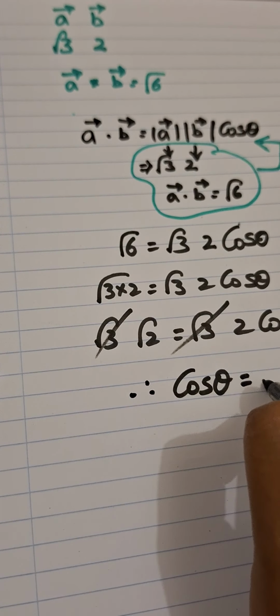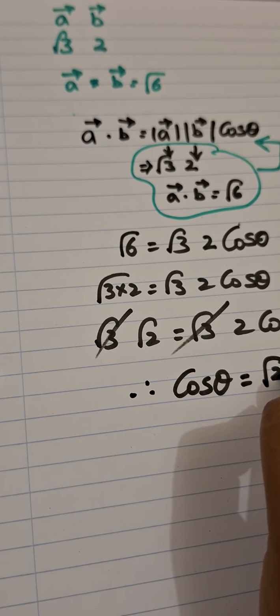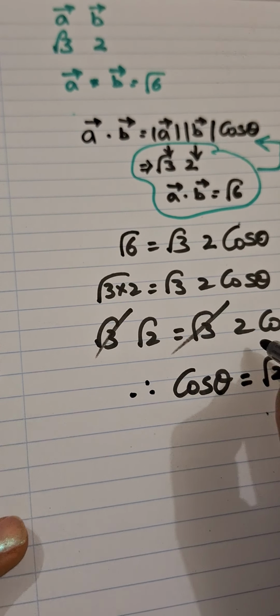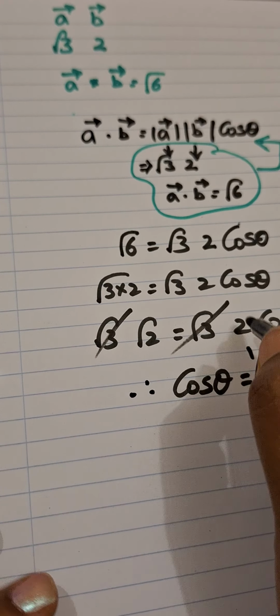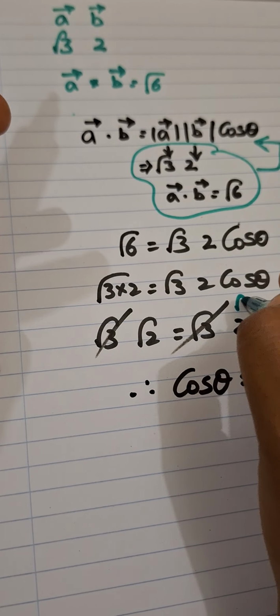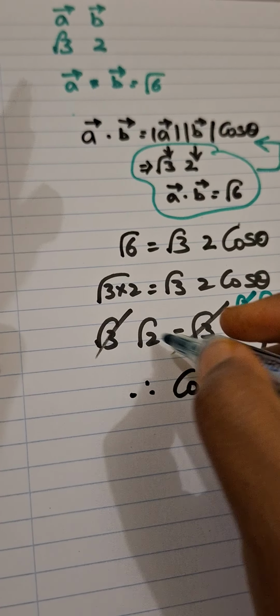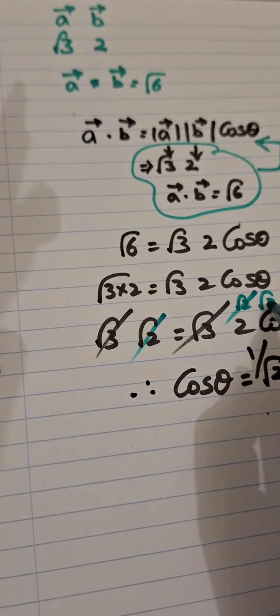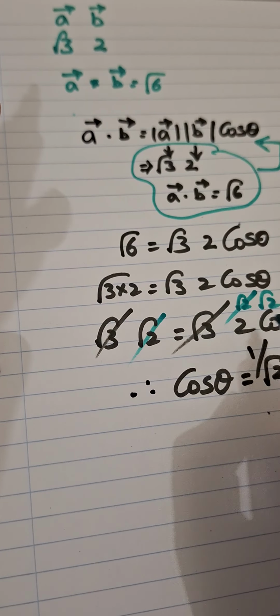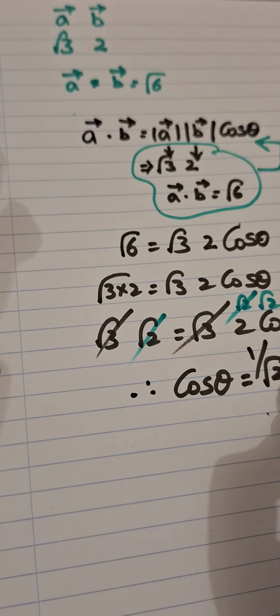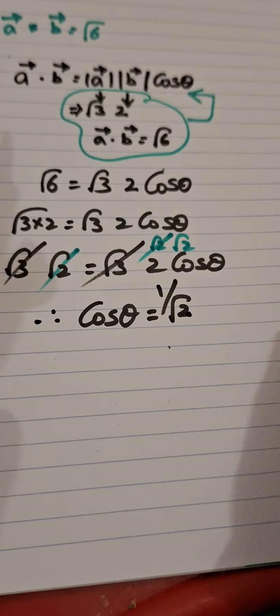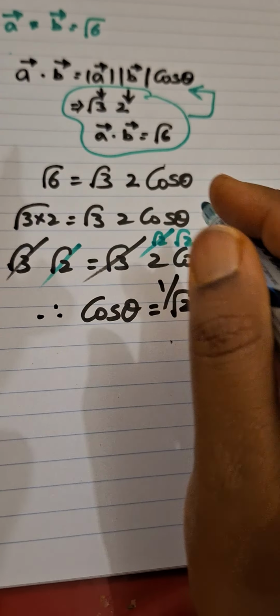Sorry, here I am writing 2 as root 2 times root 2. So I cancel this root 2 and this root 2. So root 2 cos theta is equal to 1. So cos theta is equal to 1 by root 2.